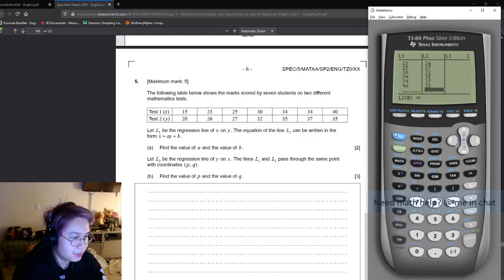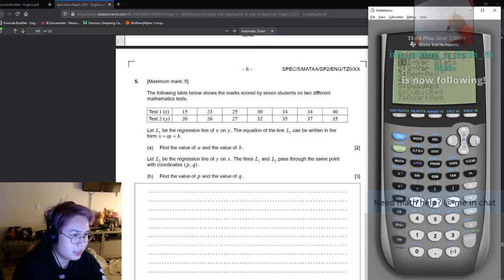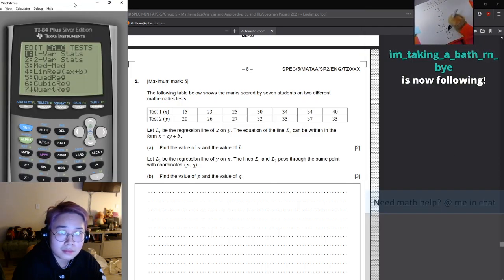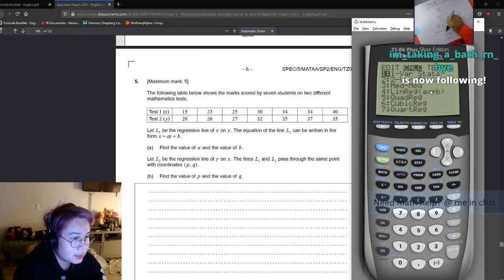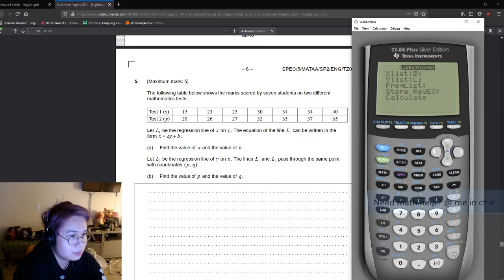And then what we do is we go back to statistics, and then we're going to calculate a linear regression, because that's what it's telling us to do. And then this is where the confusing part is.